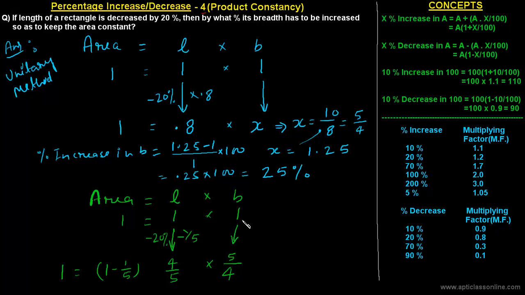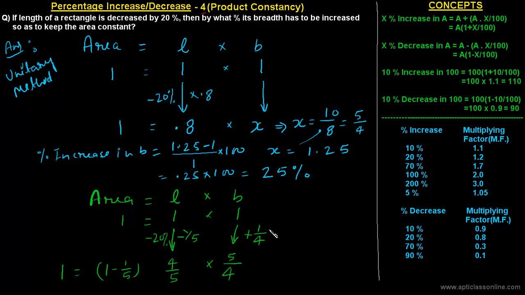So if 1 has increased to 5 by 4, in terms of fraction, how has it increased? It has increased by 1 by 4. If 1/4 is added to 1, then only it will become 5 by 4. Why? Because 1 plus 1 by 4 is equal to 5 by 4.